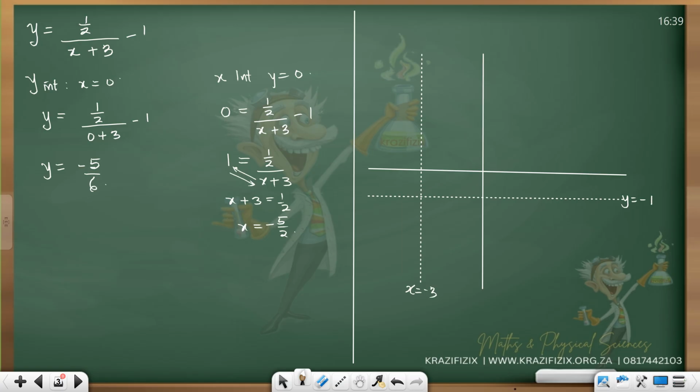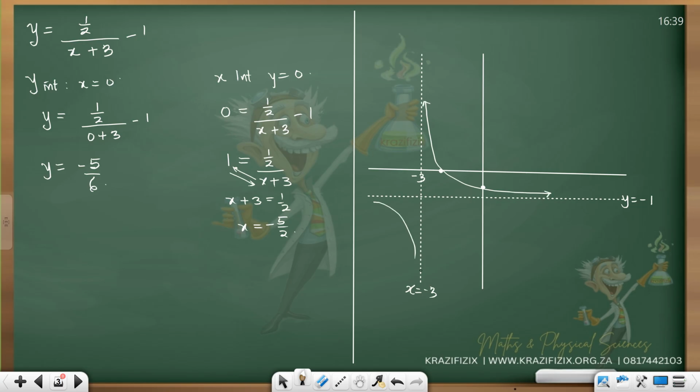Intercept, -5 over 6. 5 over 6 is actually smaller than 1, it doesn't matter where you put it. That's fine. And we have -5 over 2, which is 2.5, which is somewhere there, because this is -3. So already I see my function.